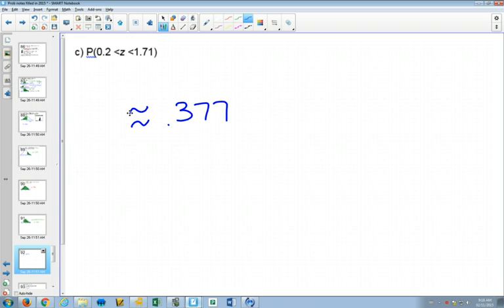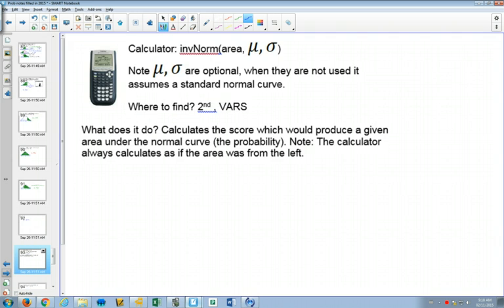Now we get a second type of question, where the percentage is given. Someone's in the top 10%. Someone is in the middle 50%. What are those scores? What if I want to get in the top 25% in Canada, what score do I have to get to do that?